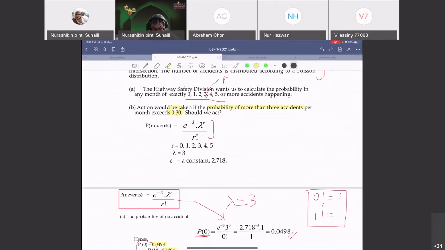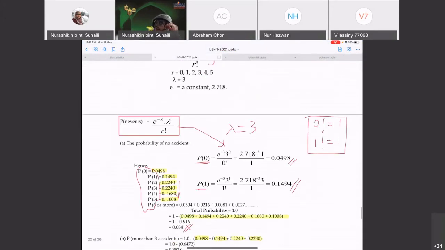If I analyze this statement, 3 should not be included. More than 3 means in this case it should be 4, 5, 6, and 7. Yes, correct. Sorry for that.